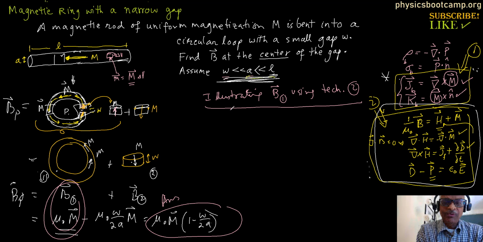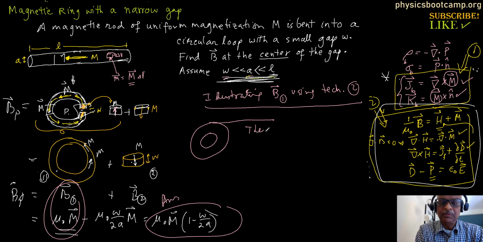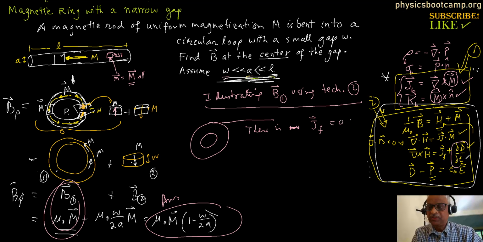So we found out that in here there is no free current, freely flowing current. There's no battery or source or anything. So this is equal to 0. So in here there's no electric thing, so del cross H is 0.